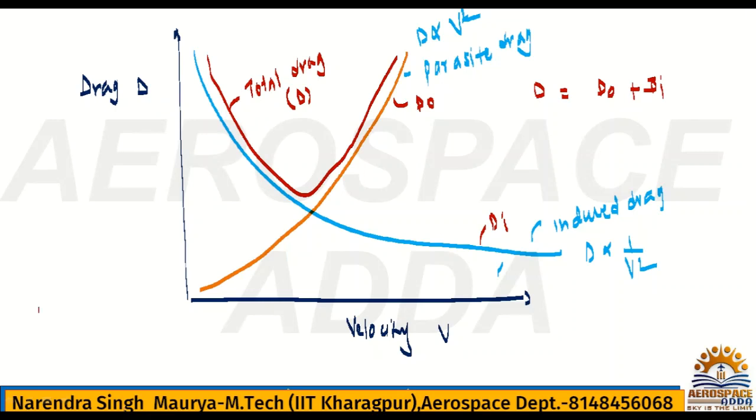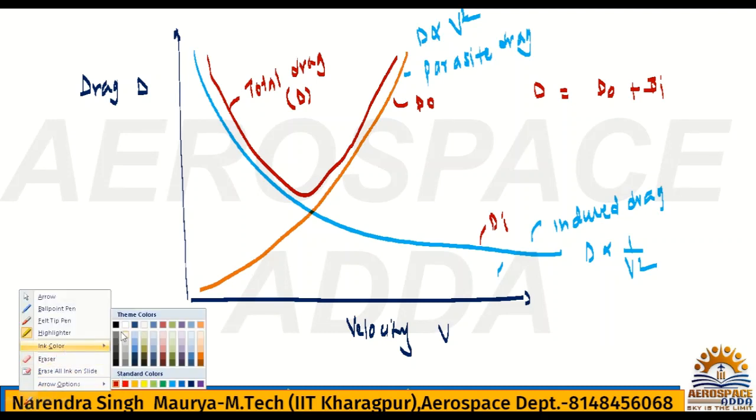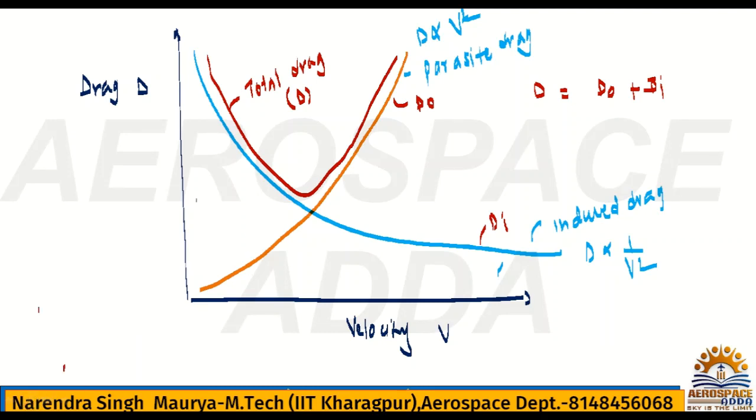For this total drag, check what is the minimum point of the total drag. This is the minimum drag D min, and the velocity there will be the velocity at minimum drag.